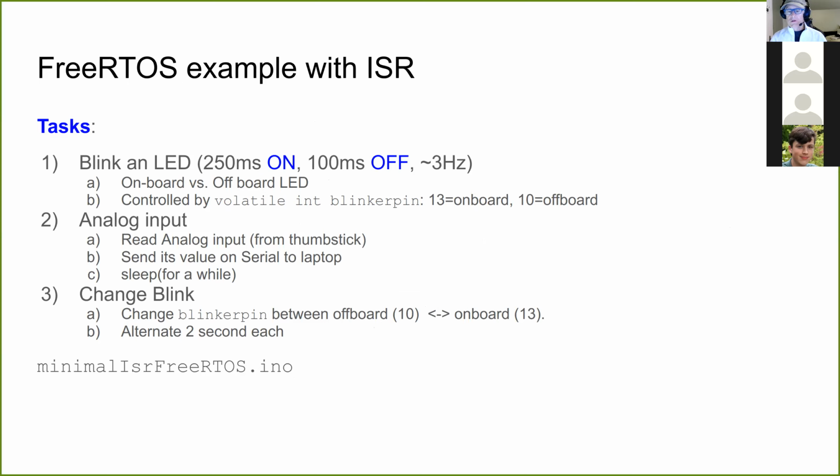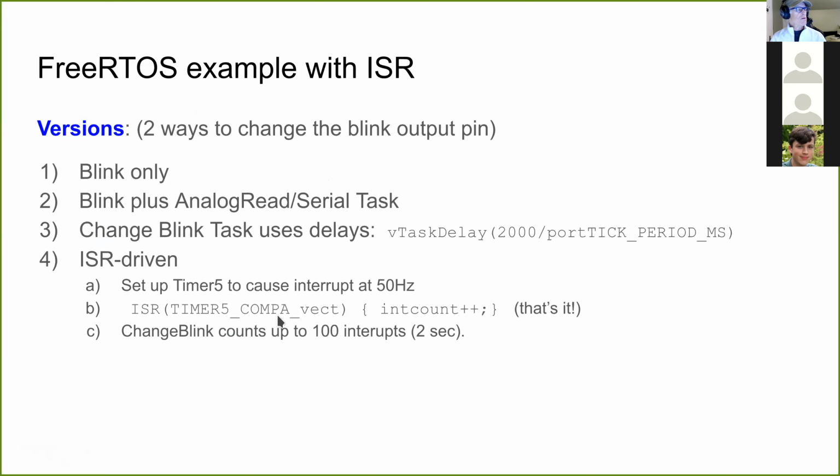I showed it to you and we got it running. I'm going to update it a little bit. But basically we had these 3 tasks. We had an ISR to change one of the tasks.